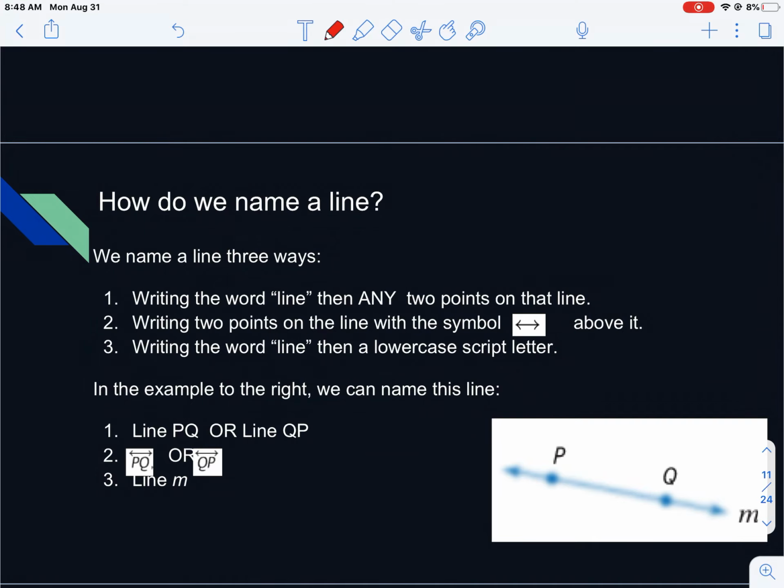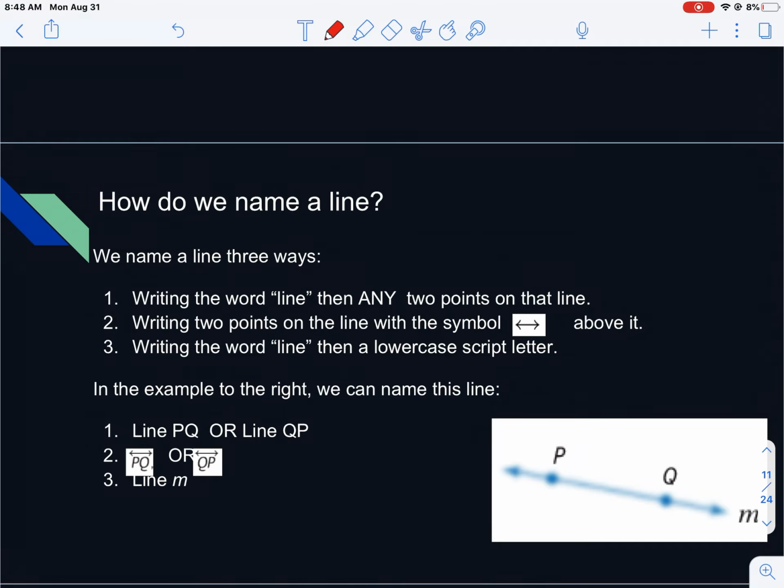So if you notice in number 2, PQ or QP with the line over top. So you don't have to write the word line. You just write the letters, the points on the line, and that symbol that I just told you about.